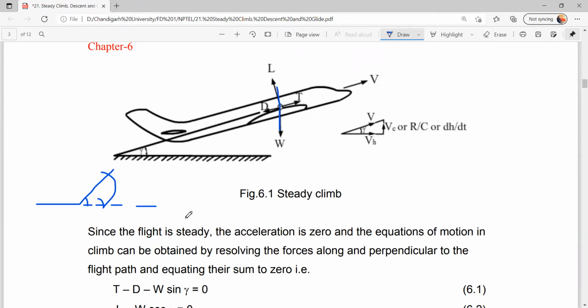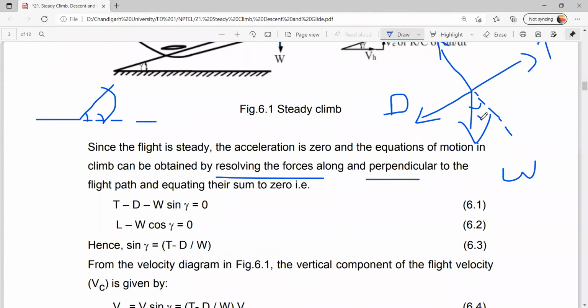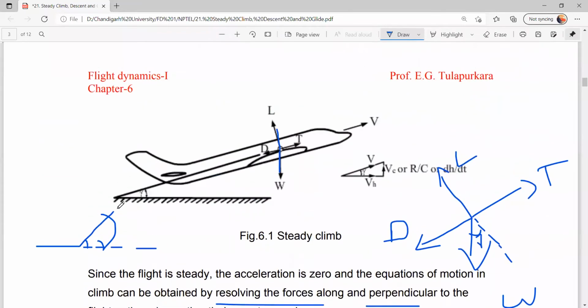So how can these forces be resolved? Since weight is acting downward, I'm drawing only the forces. Lift is acting here, thrust is acting here, and obviously drag is acting here. If I want to make equilibrium conditions by resolving the forces, this angle will also be given as gamma, the flight path angle.